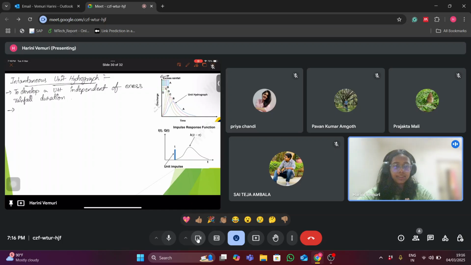It is used to estimate the response of the watershed to a unit input of rainfall at a very short duration. Okay, as you can see here, in the case of A, the duration is suppose D. As we are moving towards B, C, and D, the duration of the hydrograph is decreasing. So we are trying to estimate the hydrograph when the same amount of rainfall is occurring in a shorter duration, so the peak of the discharge is increasing, and the time to peak is decreasing.